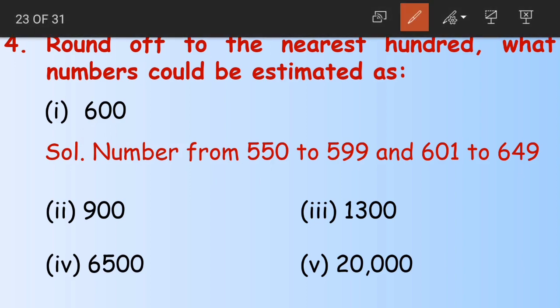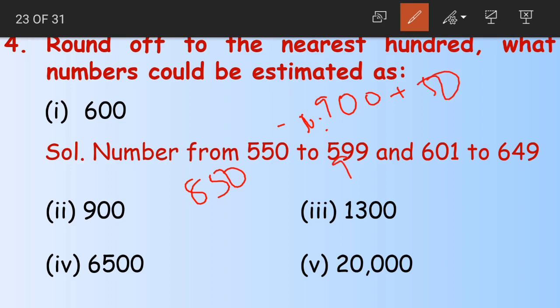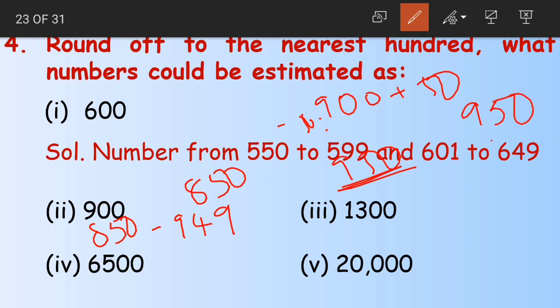Moving on to the second question, 900. Again, which numbers can be estimated as 900? Subtract 50 from it, we get 850, and add 50 to it, we get 950. So the numbers from 850 till 949. Why not 950? When we take 950, 5 is in the tens place, so it is equal to 5.